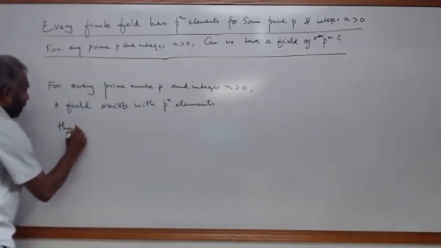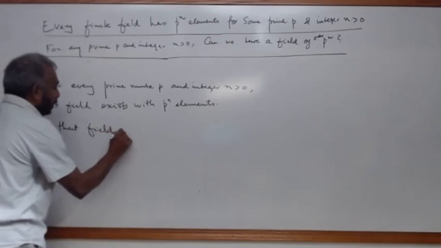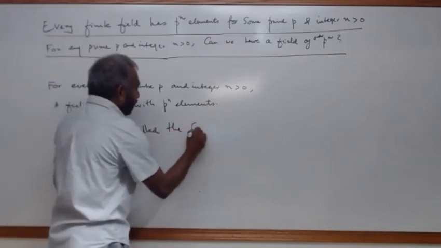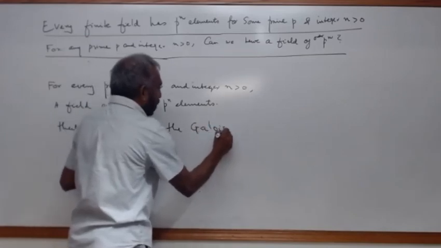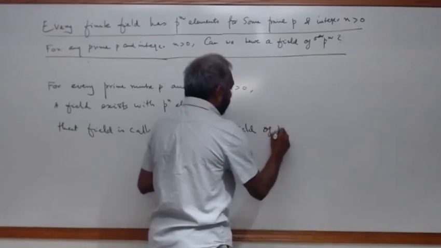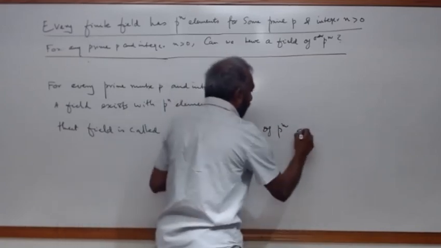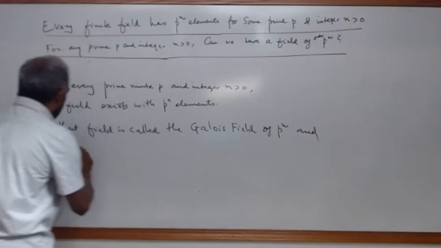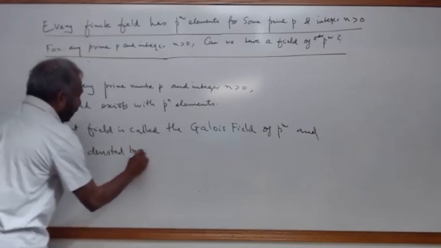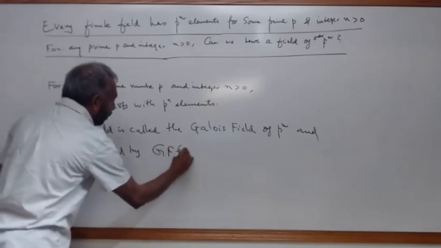That field is called the Galois field of p to the power of n and is denoted by GF(p to the power of n).